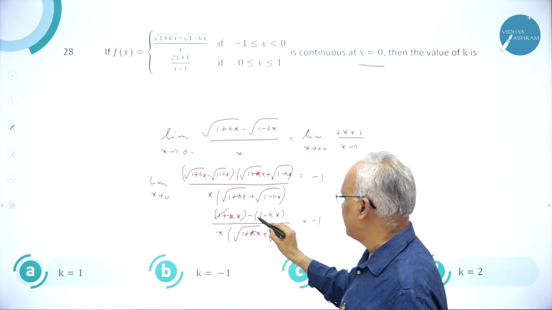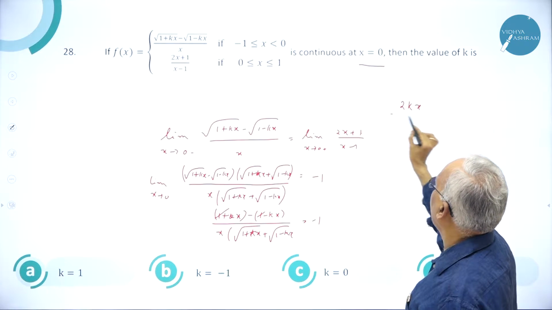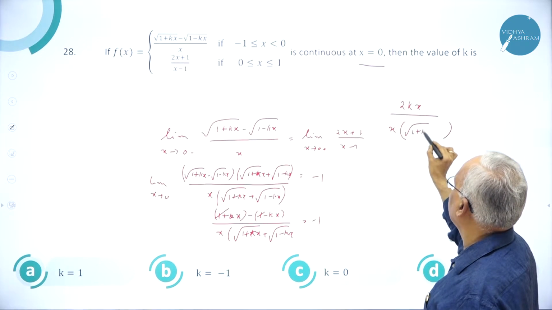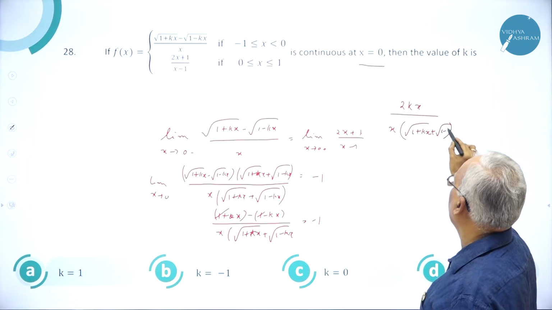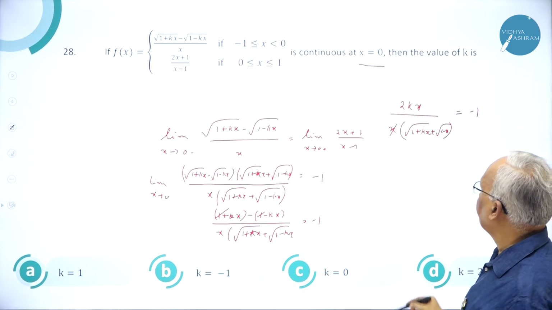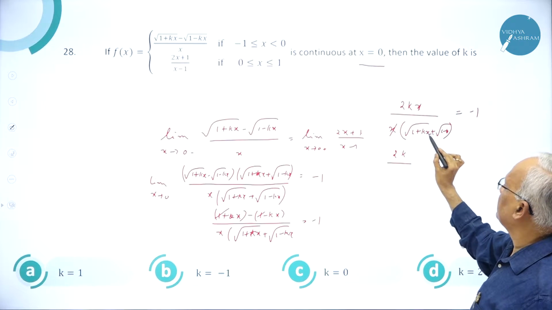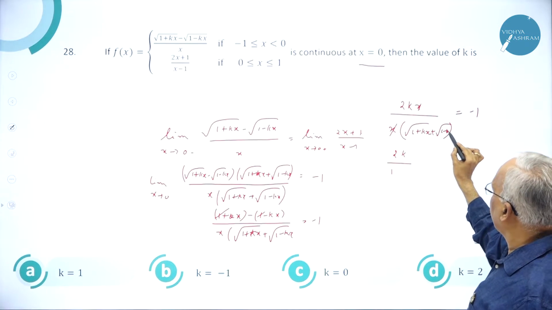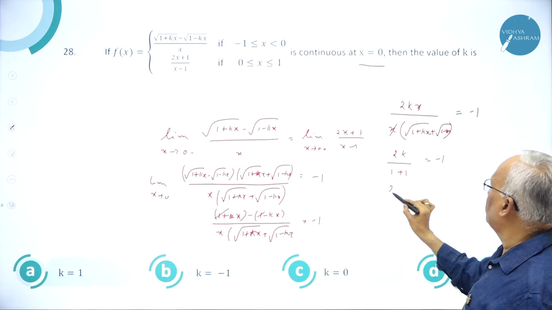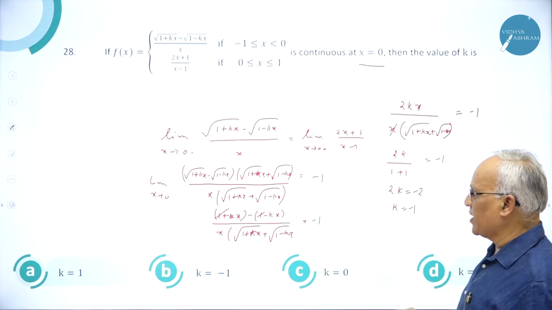So the 1s cancel. kx minus of minus kx is 2kx, divided by x into the expression (square root of 1 plus kx plus square root of 1 minus kx), is equal to minus 1. x cancels as x tends to 0. Now you put x equal to 0: it is 2k divided by, root 1 is 1, root of 1 minus kx is also root of 1 minus 0, 1, is equal to minus 1. So 2k is equal to minus 2, therefore k equals minus 1.